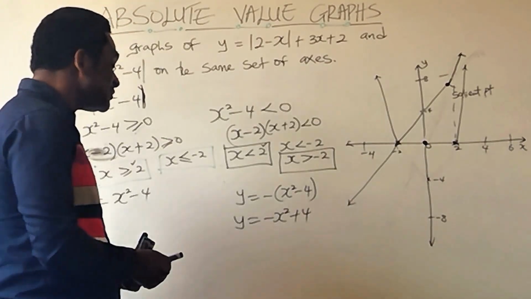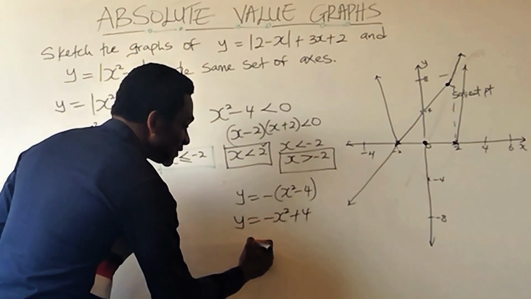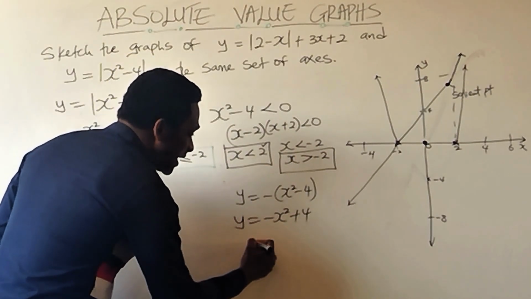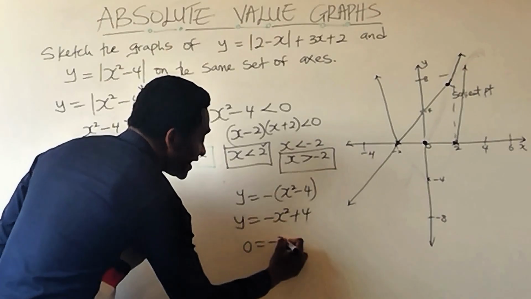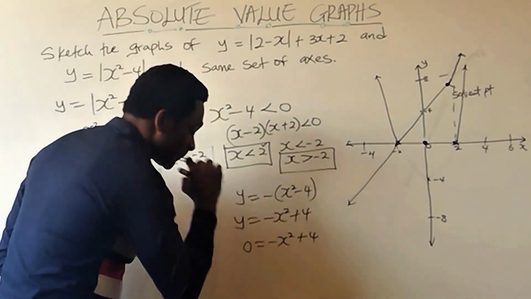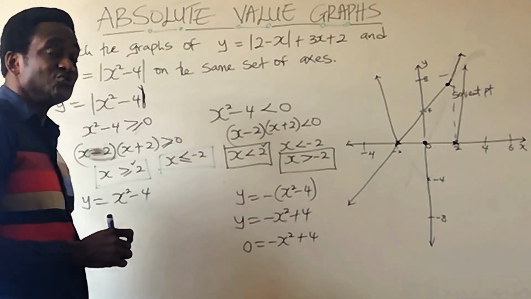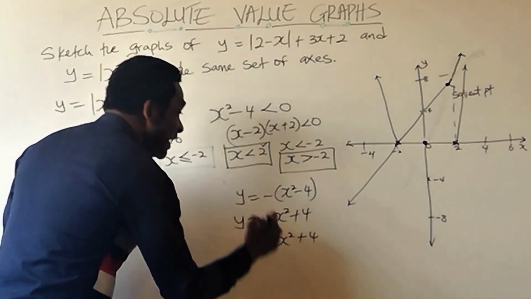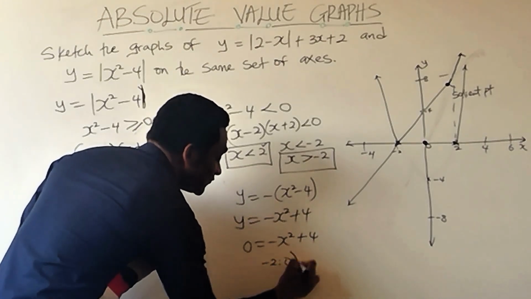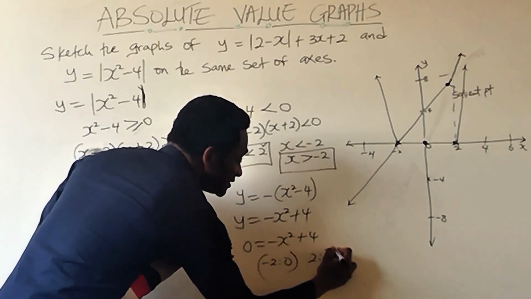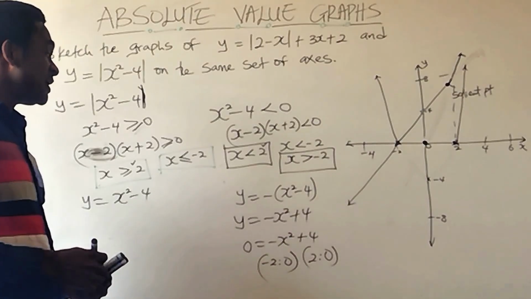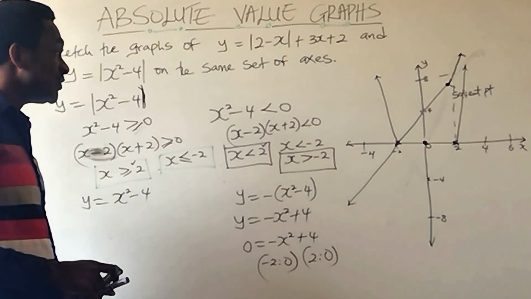For the x-intercept, make y 0. So, if we make y 0, we will have negative x squared plus 4. And if you look at this, we'll still have our plus or minus 2 as our x-intercept. So, we have negative 2 and 0 and 2 and 0 still.